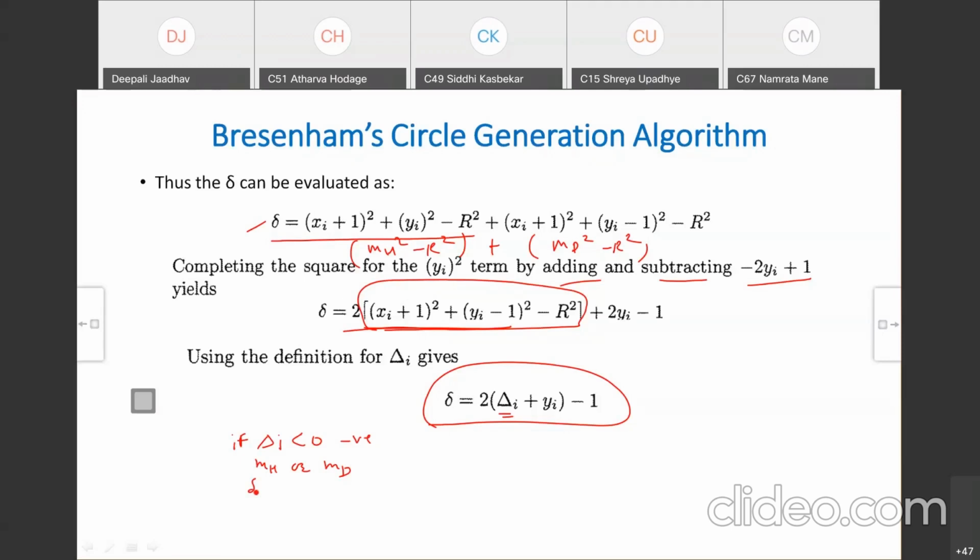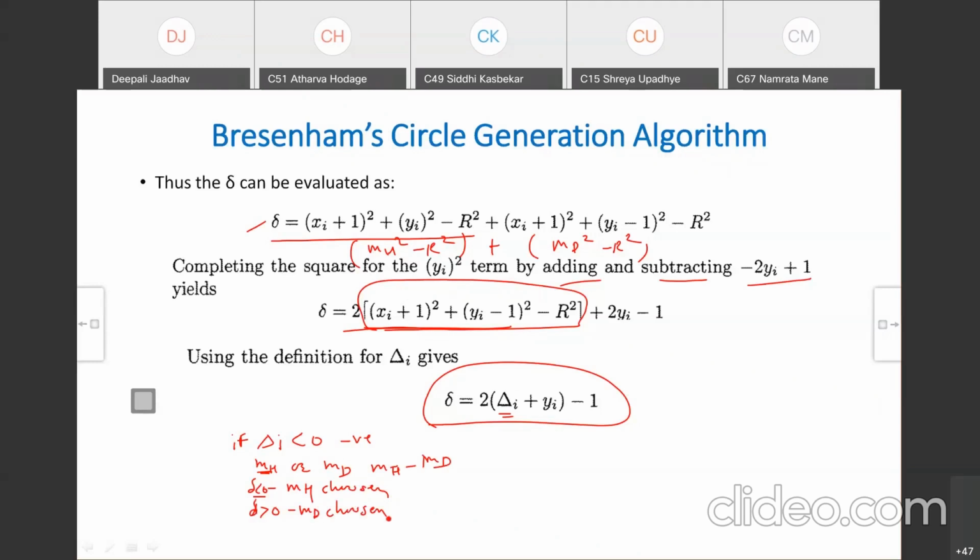If MH is closer, meaning delta is less than or equal to 0, then choose MH. And if this delta is greater than 0, then MD is chosen. So that is about MH and MD.